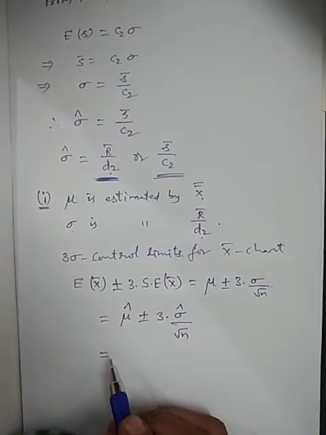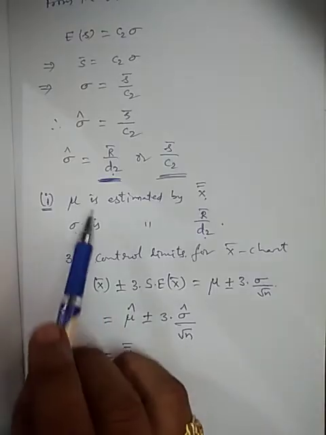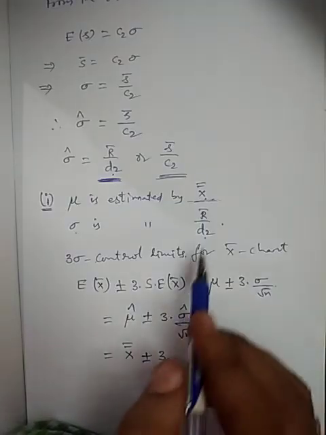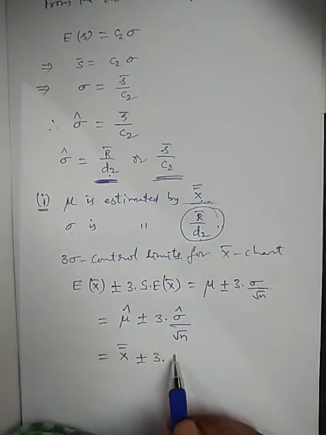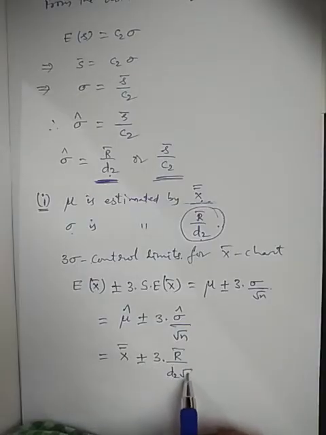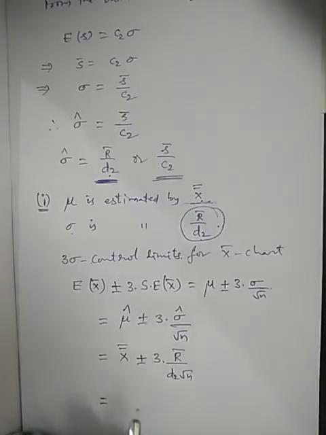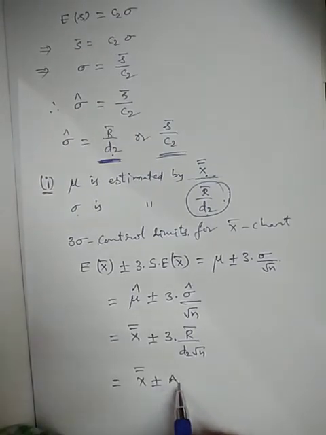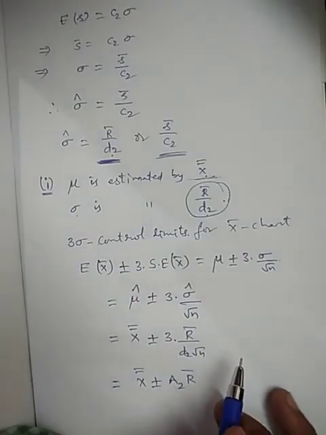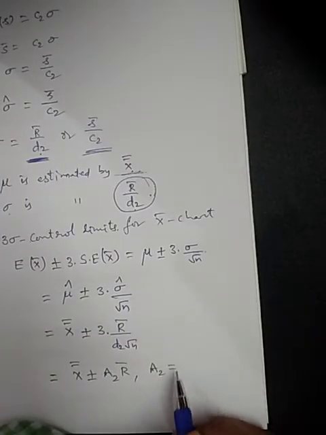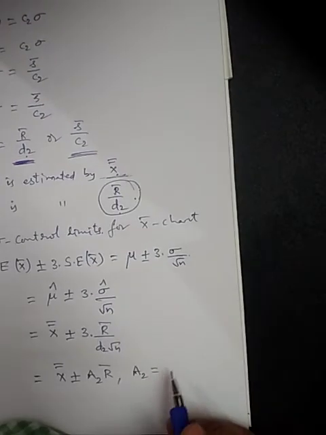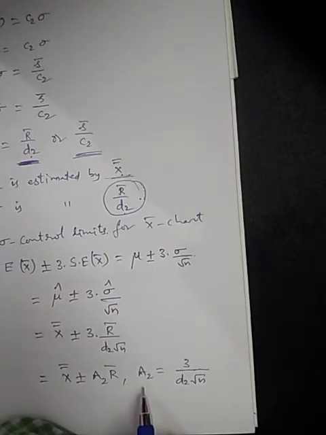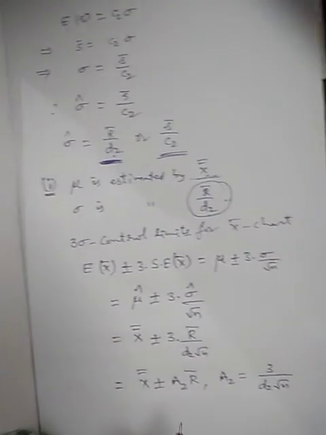Now you see, mu cron is estimated with the help of x double bar, and plus or minus 3 into sigma cron is estimated with r bar by d2 into root n, which can be written as x double bar plus or minus a2 r bar, where a2 is 3 by d2 into root n, which is again calculated for different values of n from the statistical tables.